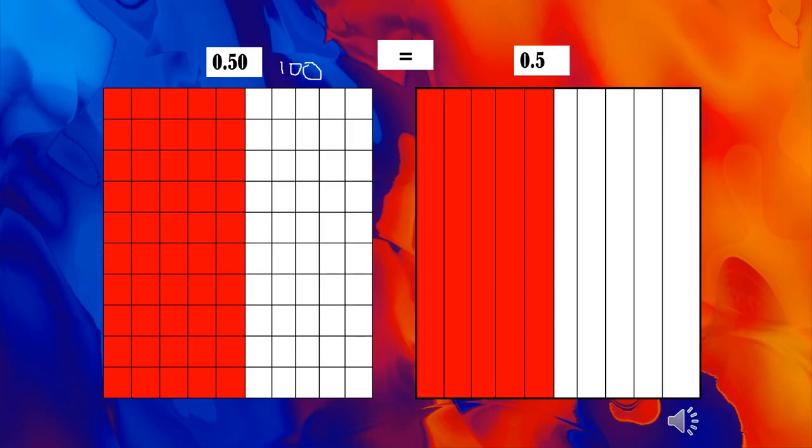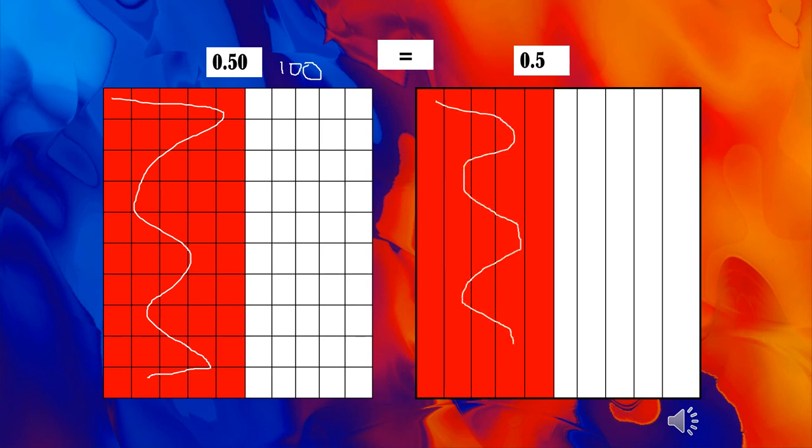So, 0.5 of this is this one, while 0.50, the half of this, is this one. That's why they are called equivalent decimals. So they are equal.